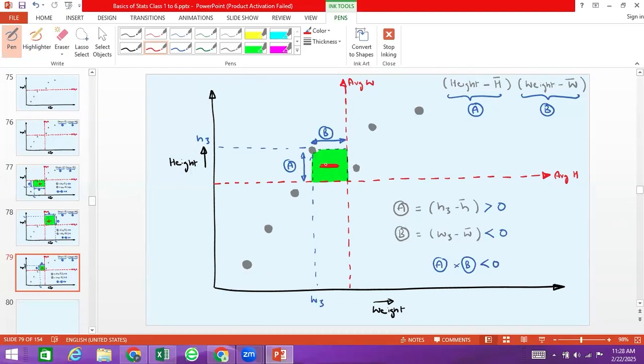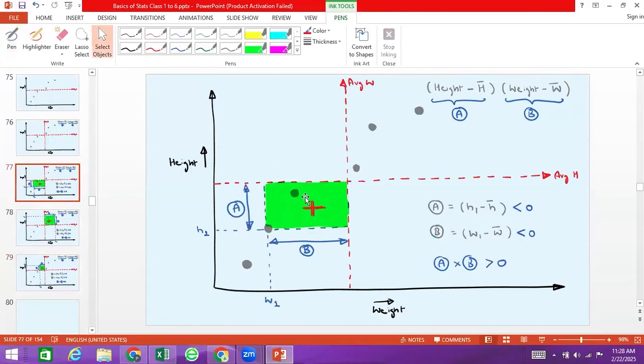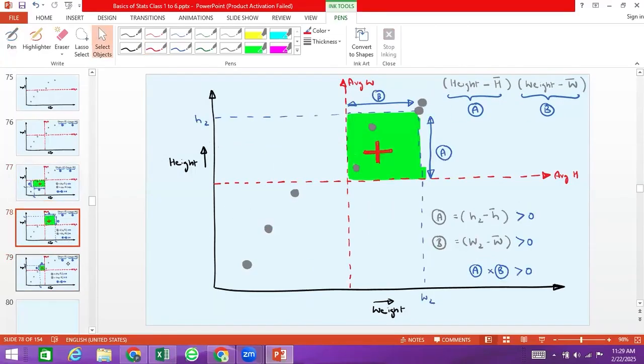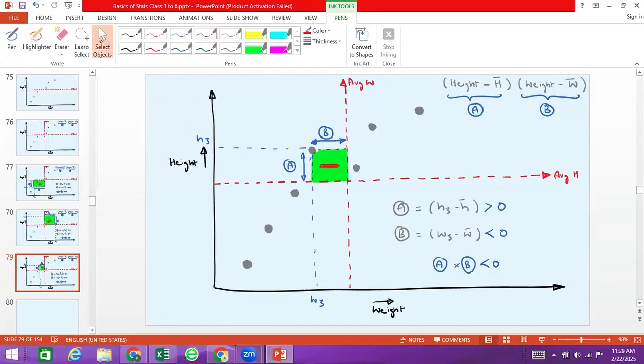So right now, we saw that this was a positive. This one that we see over here. Okay, let me put it in a different color. This point that we have is projecting a negative area.